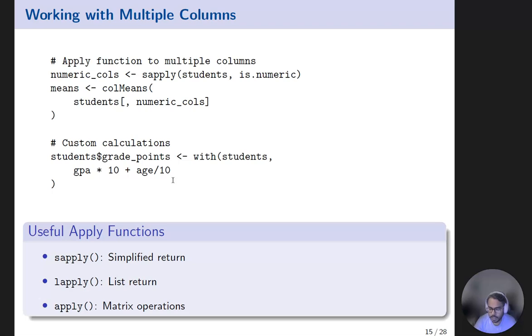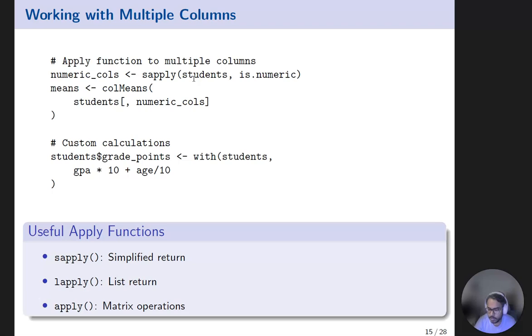When working with multiple columns, apply family functions are also very useful. Here's an example. First, we identify numeric columns using the sapply function. So it will identify all the columns in this data frame that are numeric in nature.